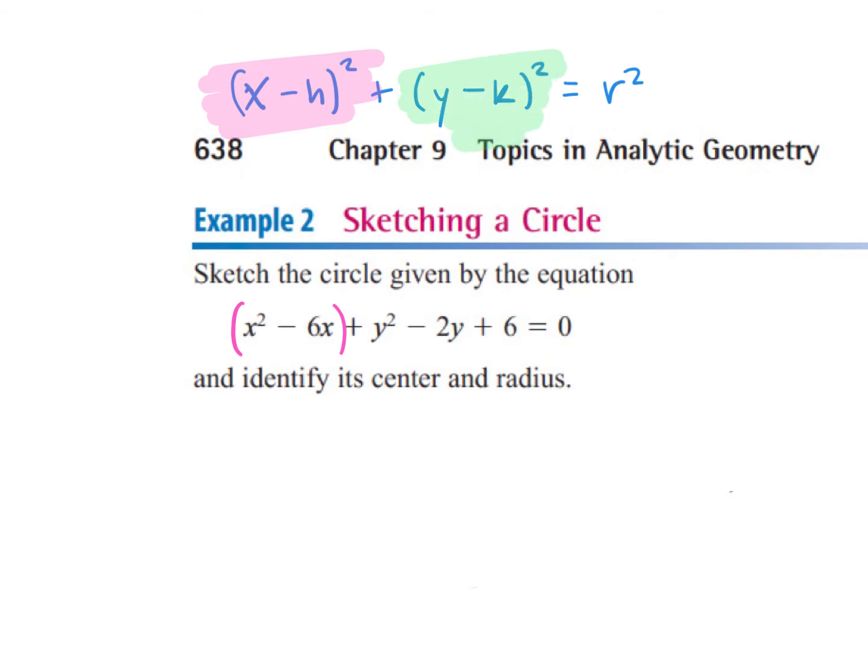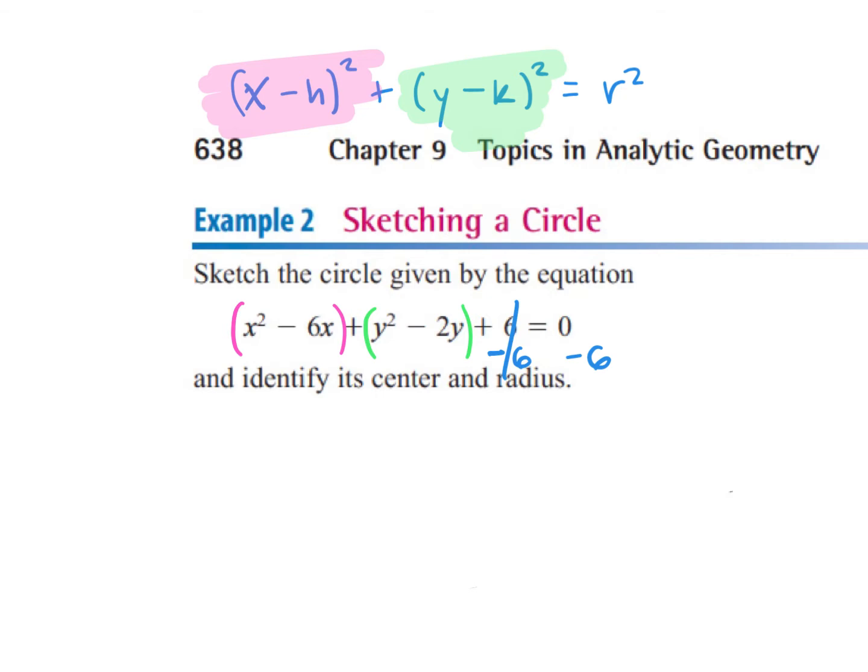So we want to group our y's together because we're going to have to complete that square also. And then any constant numbers we have, we just want to move to the other side of our equation to get it out of the way. So I'm going to move that plus 6 to the other side. So I'm going to subtract 6, just so I have all of my terms with variables on one side and all my constants on the other.